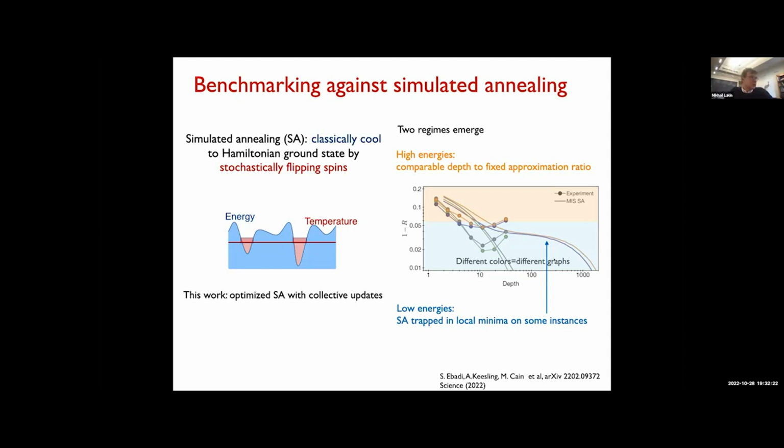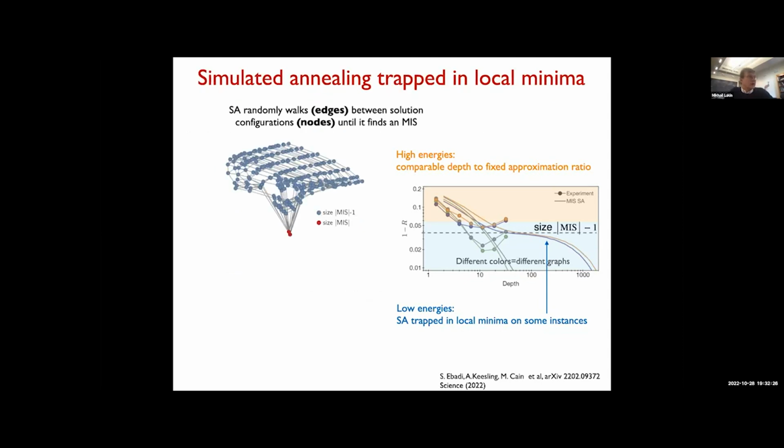And it turns out that we can actually understand why this happens. These are the instances where the problem has a lot of pretty good solutions, but few actual perfect solutions. At this point, what simulated annealing does is basically perform a random walk on this hypergraph, in this case over solutions whose size is MIS minus 1.